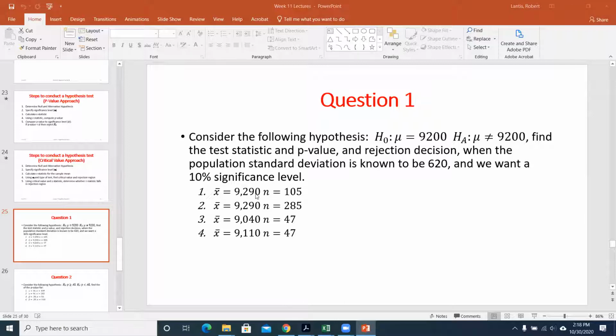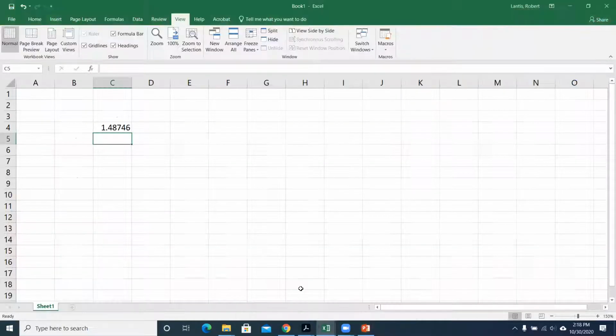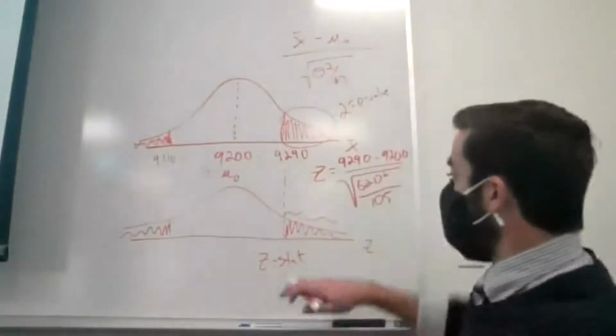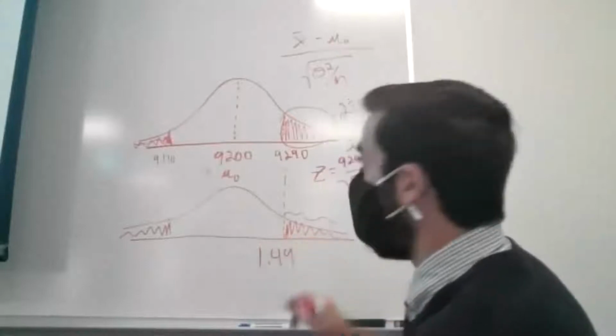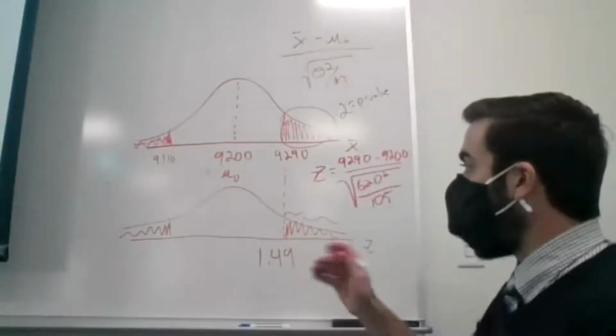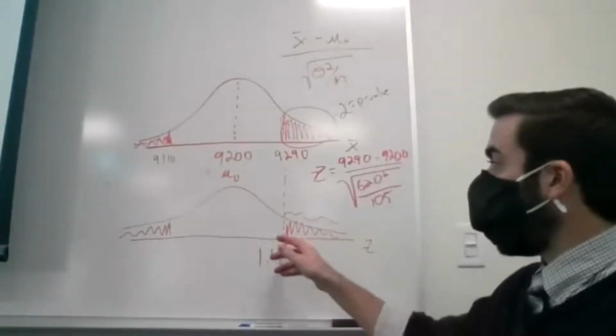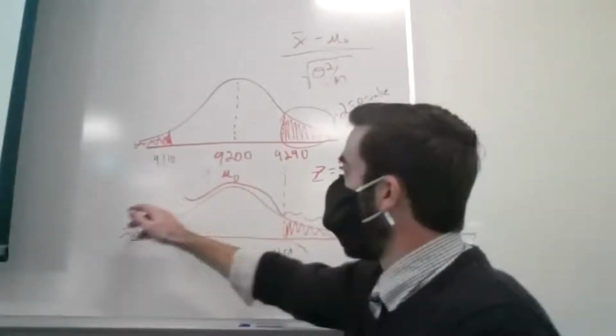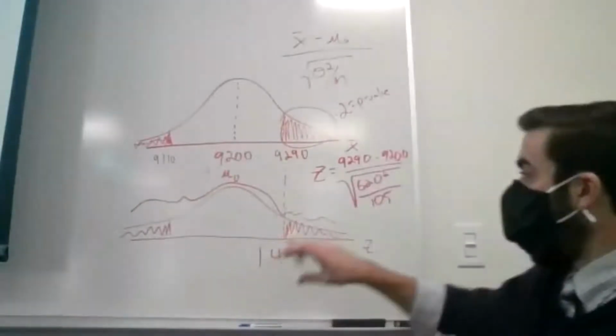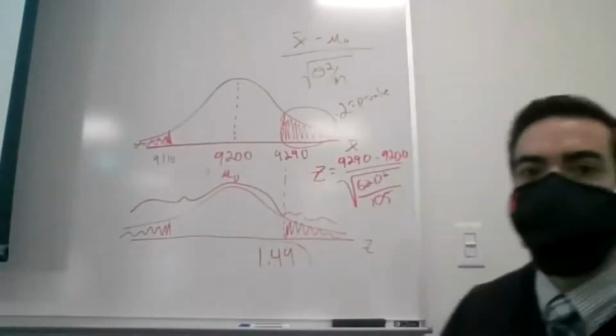Okay, so we found 1.4, what was it? To the second decimal, 1.49. So we found our z statistic or our test statistic of 1.49. Now I can use my standard normal table, look this value up, but it's going to give me the area to the left. I want this area in the upper right tail, so I'll have to subtract it from 1.